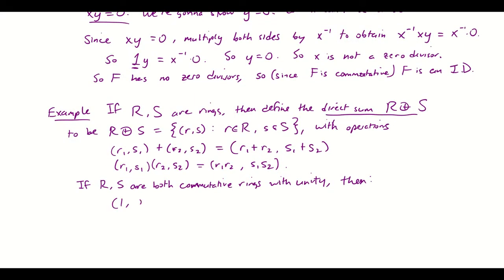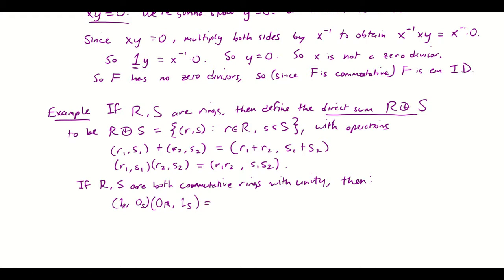We can take this element, (1, 0). This is the multiplicative identity from R, and this is the additive identity from S. That's a non-zero element of the direct sum. The direct sum has only one zero element, and that's (0, 0). So this is non-zero. I can multiply that by this element, 0 from R, and then 1 from S. And what do I get?